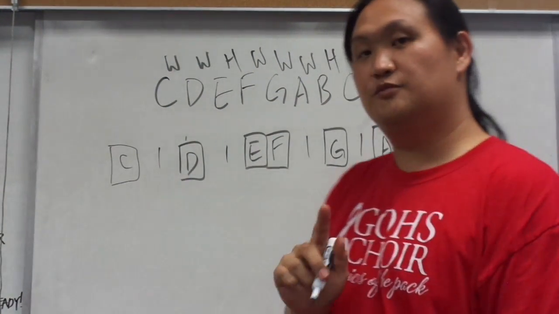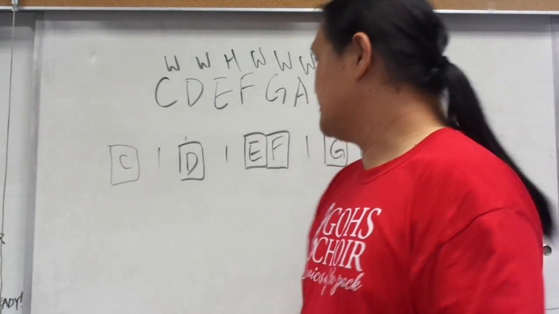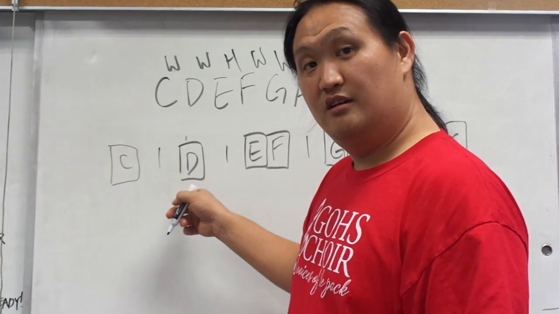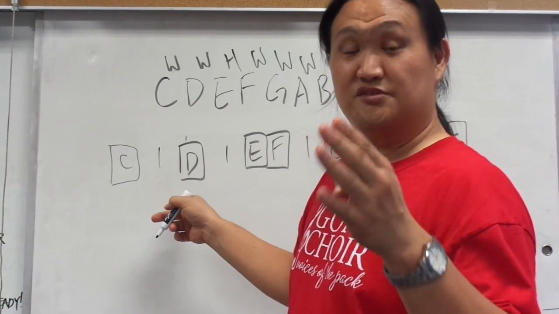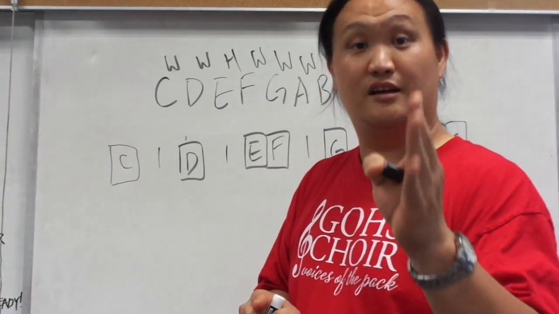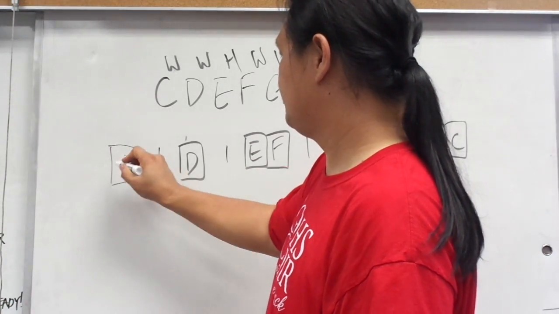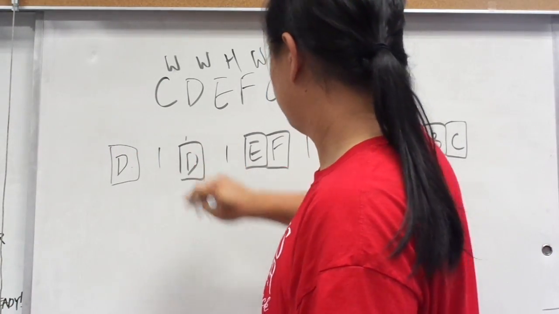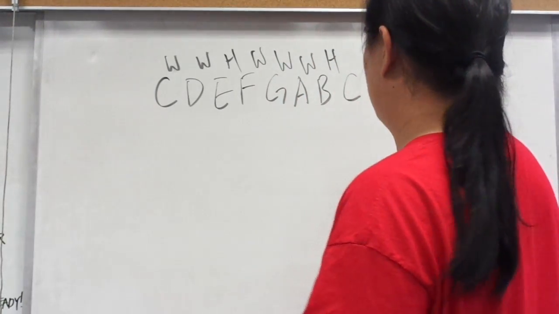Let's say I want to construct a D major scale. What that means is that I want to start on a D and apply that whole step, whole step, half step pattern, starting with a D. So if this is a D, we have to align everything else. Actually, no, let's do it this way.